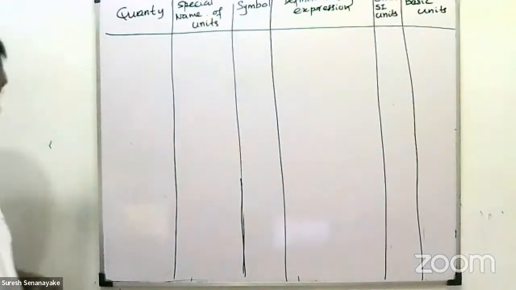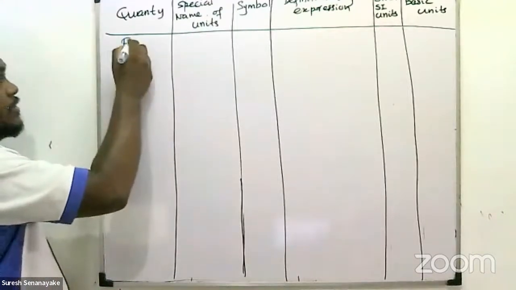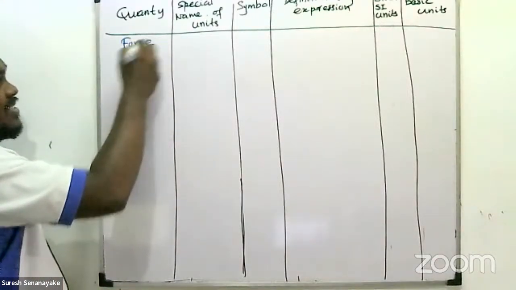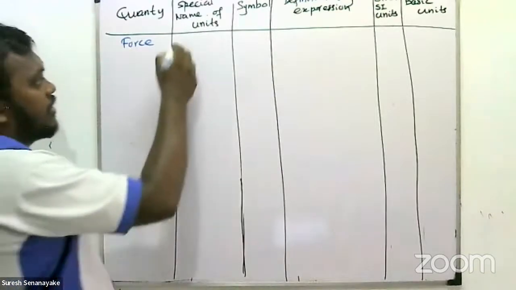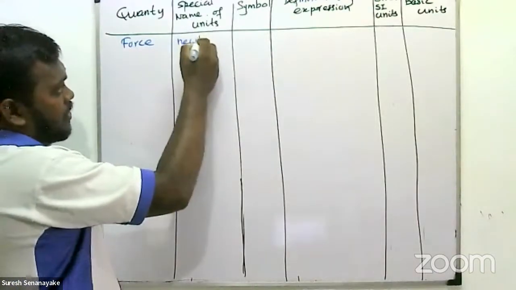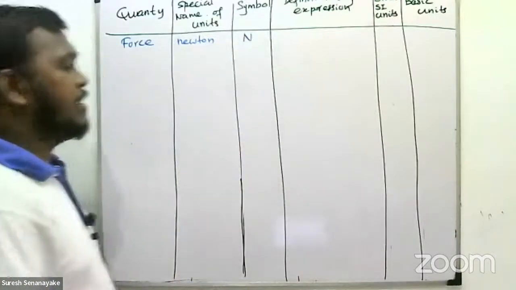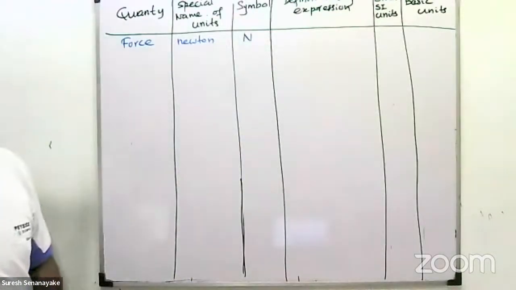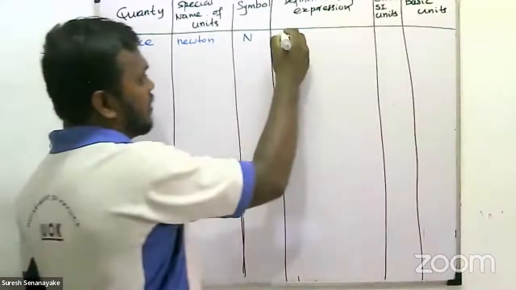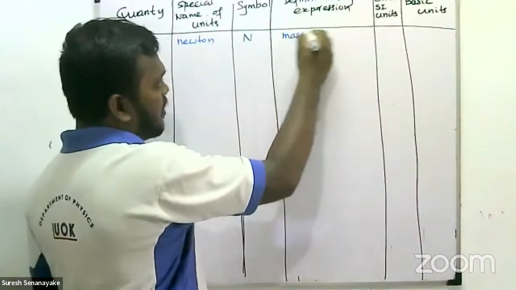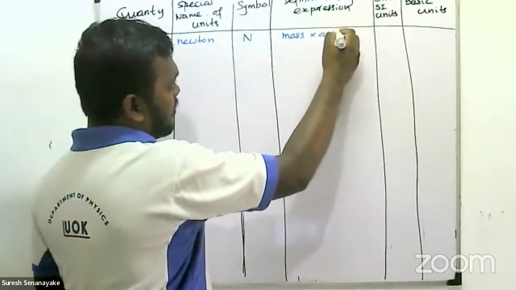Okay, then we'll write the force. Special name of this unit is Newton, and symbol is capital N. The definition: the force is defined as mass into acceleration.